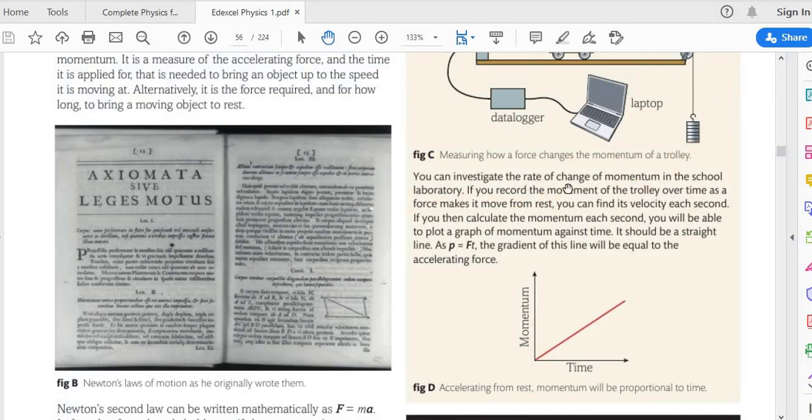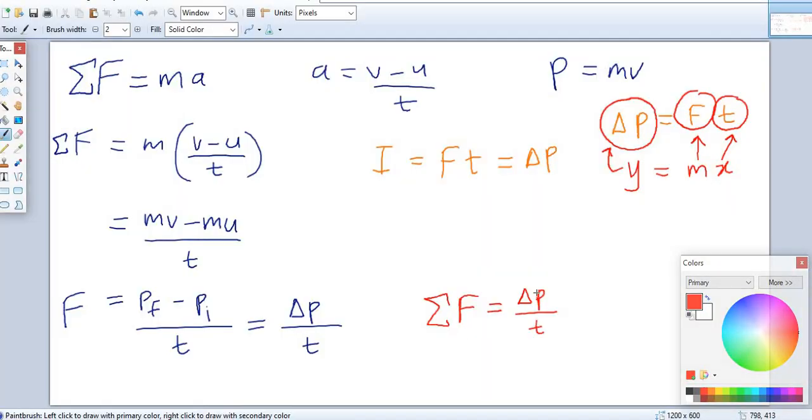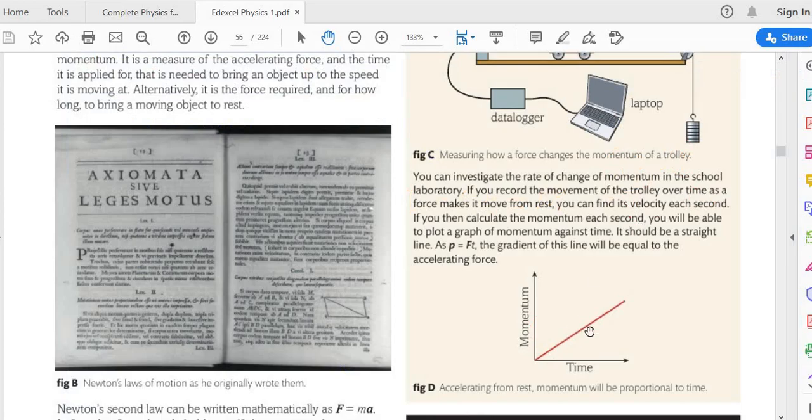You can see in this also. You can investigate the rate of change of momentum in the school lab, and you can see momentum divided by time, that is the rate of change of momentum, which is in other words the resultant force. So the change in momentum over time is the resultant force. Again, the gradient of this graph is the resultant force. You can find its velocity each second. If you then calculate the momentum each second, you will be able to plot a graph of momentum against time.